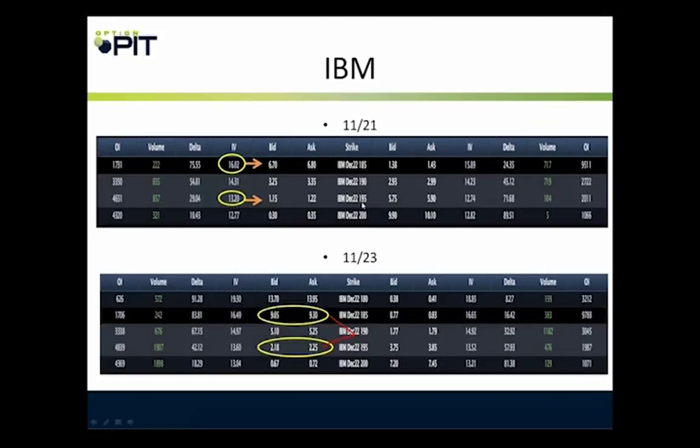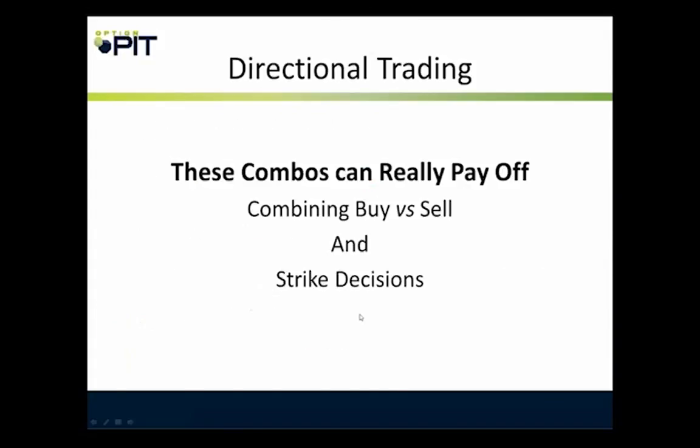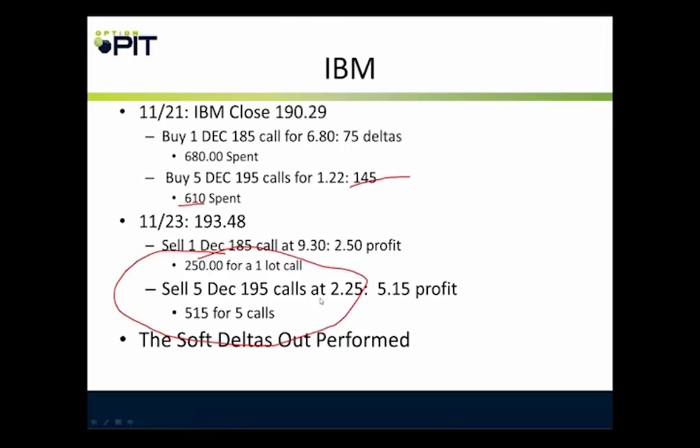The 85s and the 95s, $680 and $120. A couple days later, you can see, not bad, right? They both made money. Well, what did better? I paid $680 on one call.